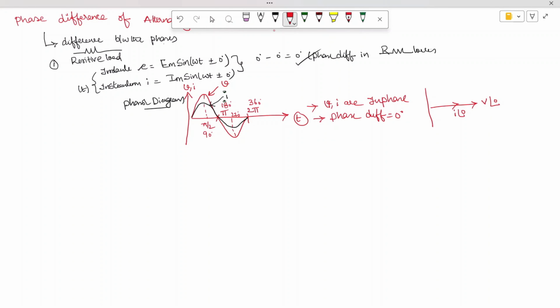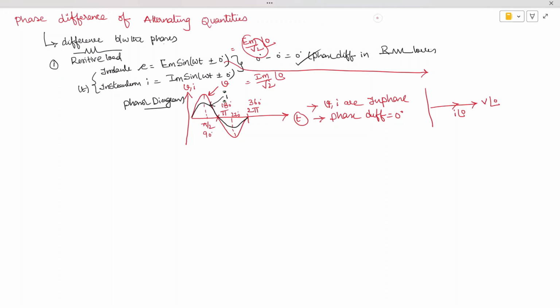If you write this in this format, I can write E m by root 2, which is nothing but the RMS value, at an angle 0. And I can write it as I m by root 2 at an angle 0. This is called the RMS quantity.